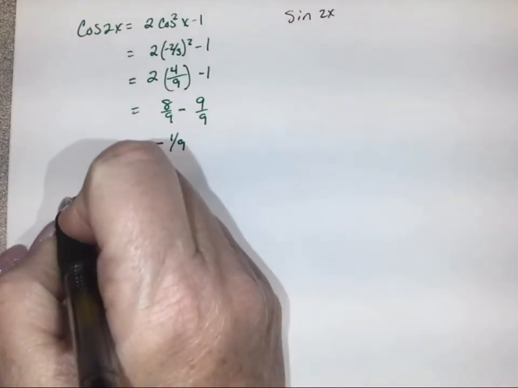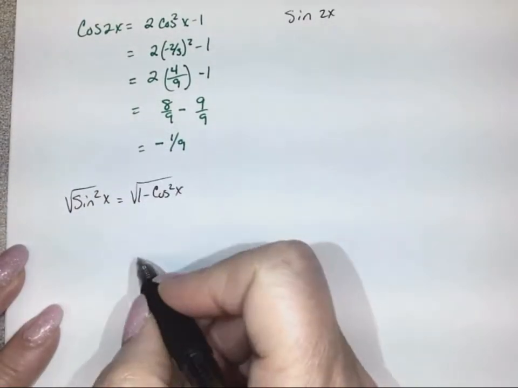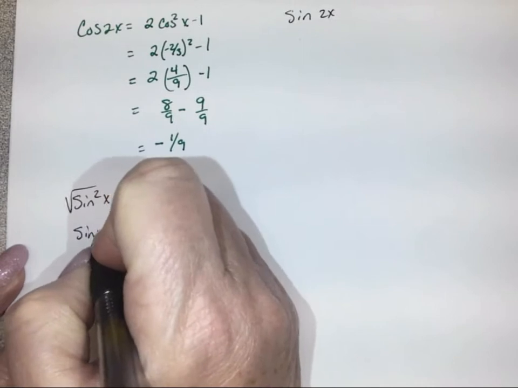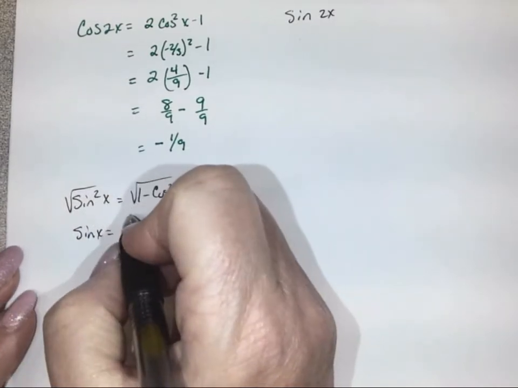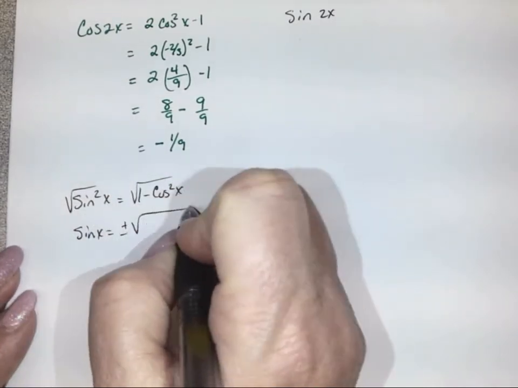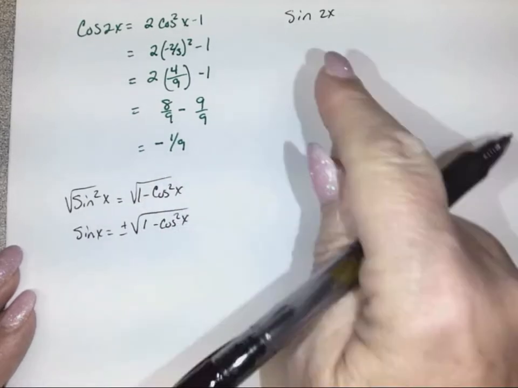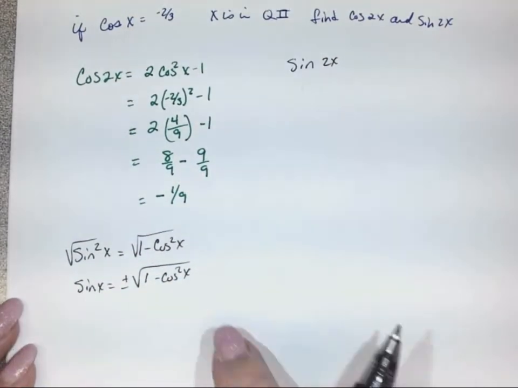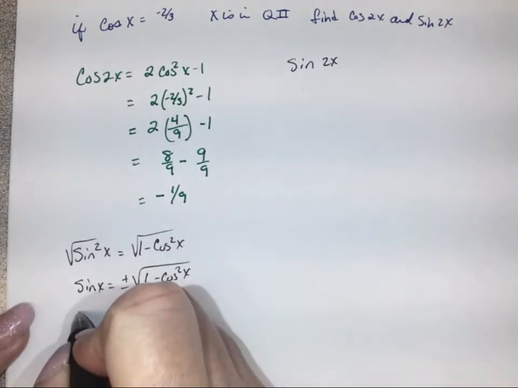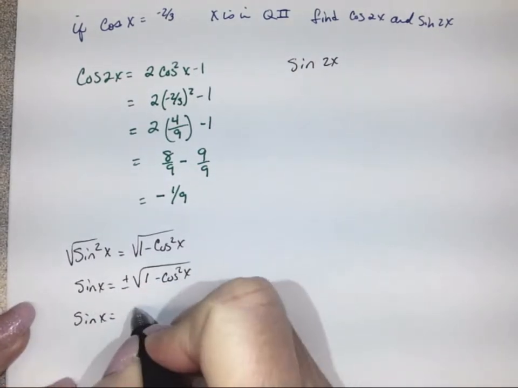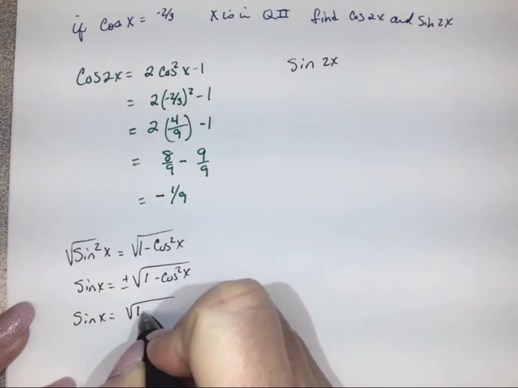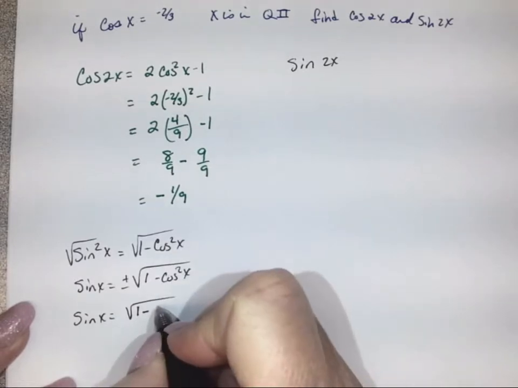So to solve that for sine, I'm going to take the square root of both sides. So my sine x would be equal to plus or minus the square root of 1 minus cosine squared x. But we know we're in quadrant 2, so I know it'll be positive. So the sine of x would be equal to the square root of 1 minus our cosine value.